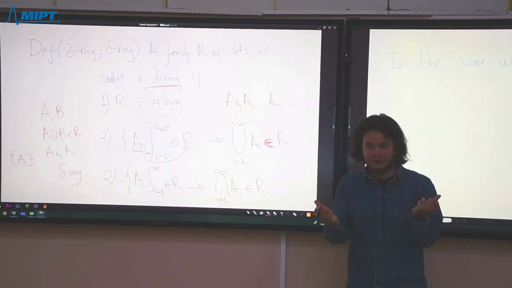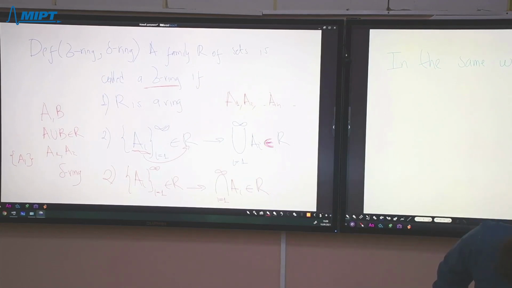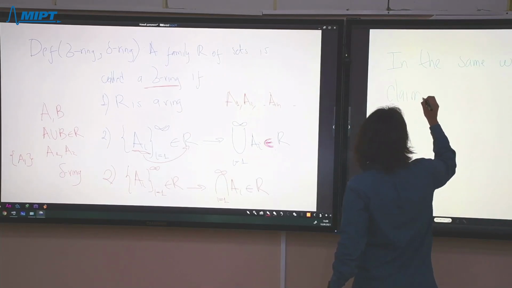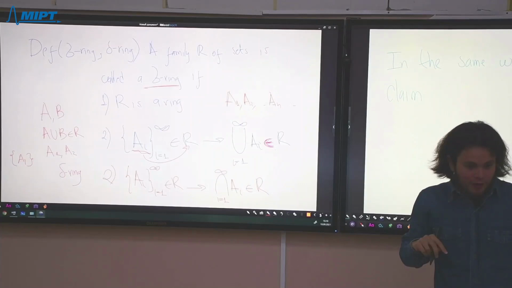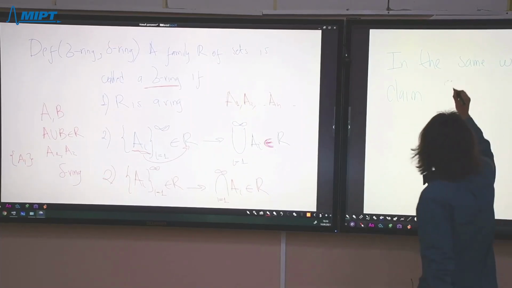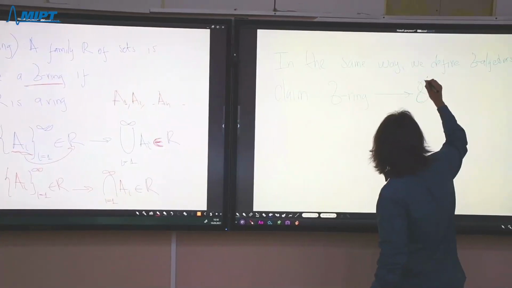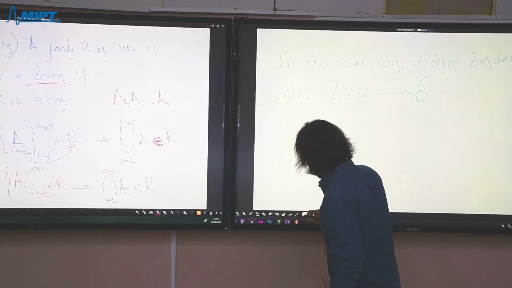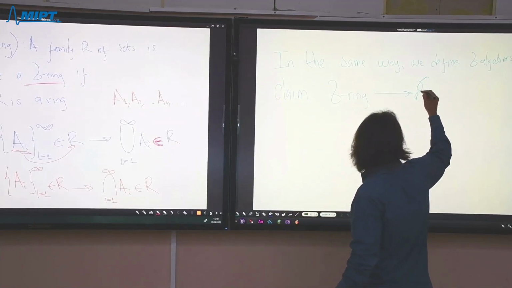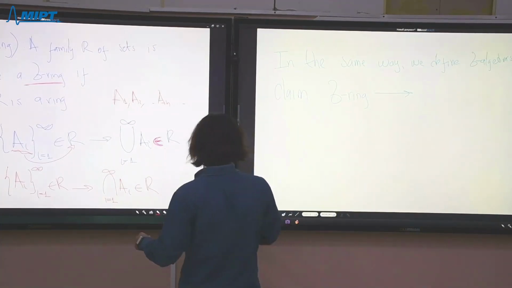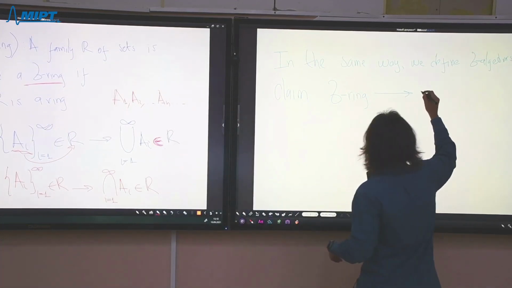And why do we need all of that? Well, that's what we have here. Let me show it. The following claim: if we have a sigma ring, then, let me change the color to black, we get a delta ring.